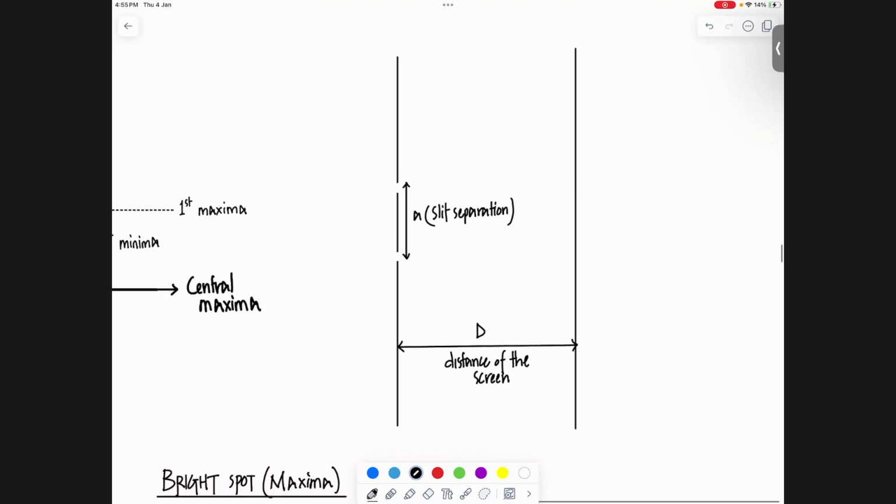Then you have these dark and bright spots on the screen, right? So this is the bright spot, this is another bright spot. The gap between these two bright spots, peak to peak, okay, this peak to peak gap between the two bright spots is referred to as X, which is known as fringe separation.